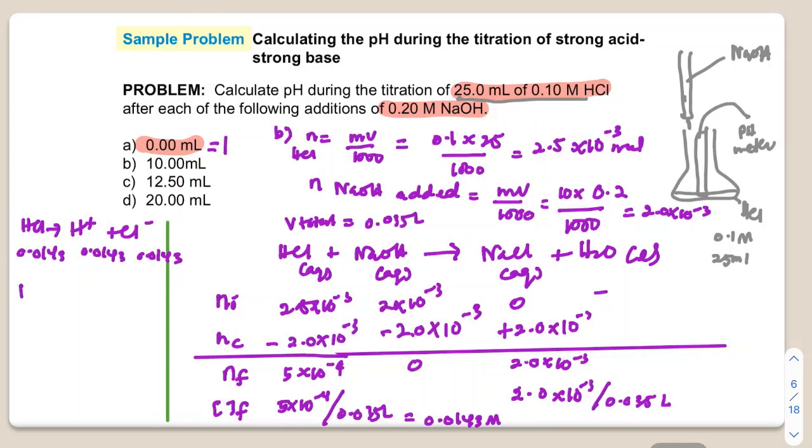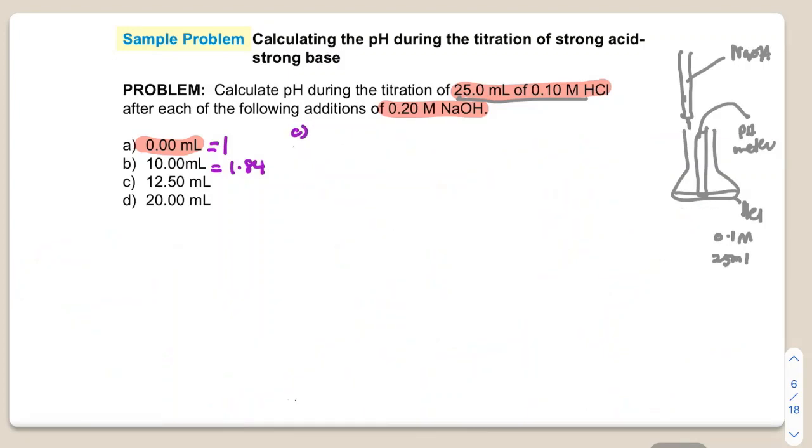So pH is equal to negative log of the H plus concentration, negative log 0.0143, which is equal to 1.84. So this is the pH after 10 ml of the sodium hydroxide is added.